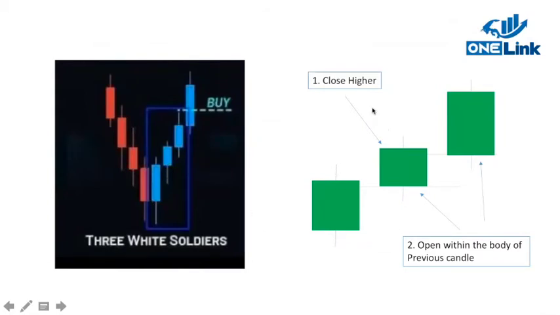The actual formation of this particular pattern: if the price opens below the closing of the previous candle, then it's considered a good formation. For confirmation, you need to enter based on the three white soldiers. Wait for the fourth candle to form, the price overshoots above that, then that will be your buying position, that will be your entry.